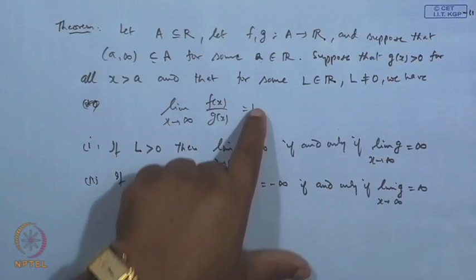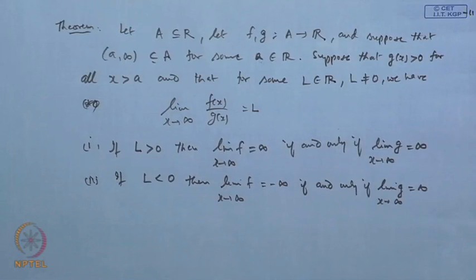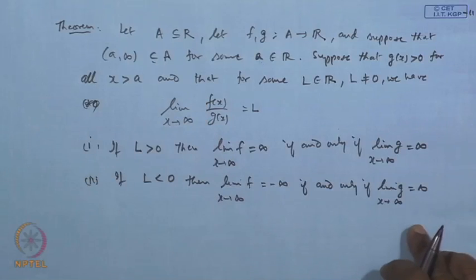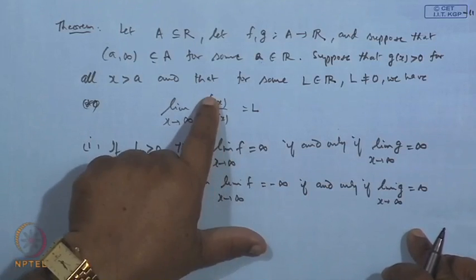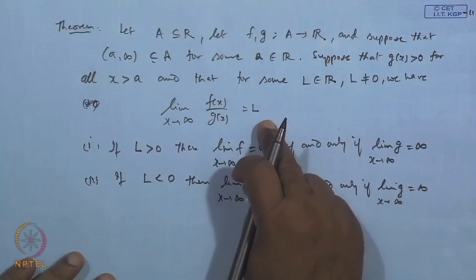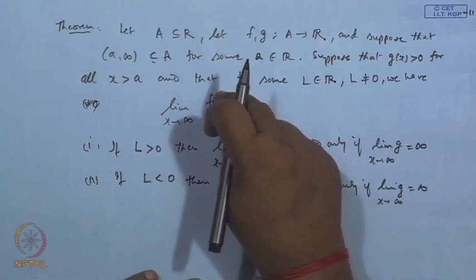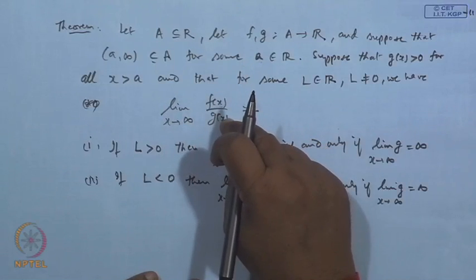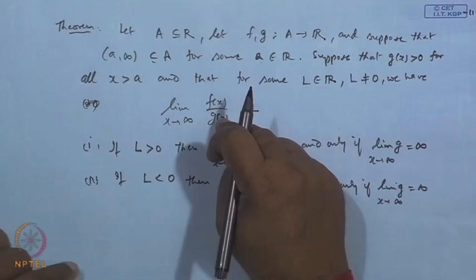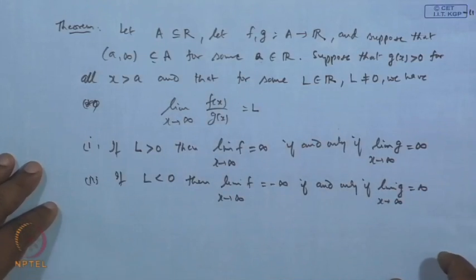That is, if L is negative and the limit of g is positive, then the limit of f will be minus infinity. If the limit of f is minus infinity, then the limit of g will be infinity if L is negative. But if L is positive and the limit of f is infinity, g will also have limit infinity, and similarly vice versa.